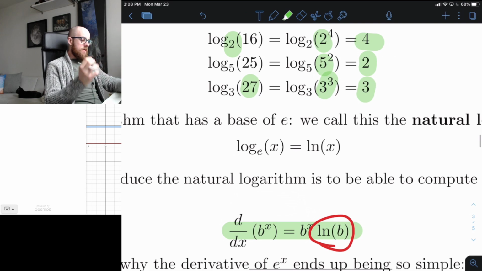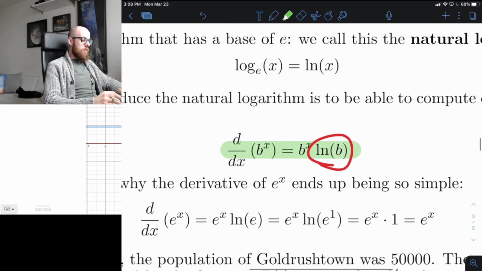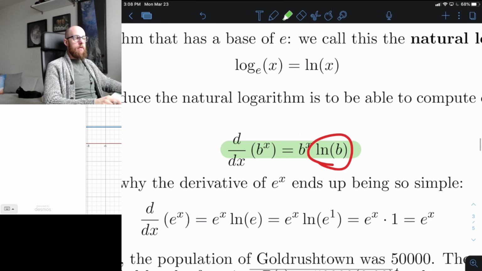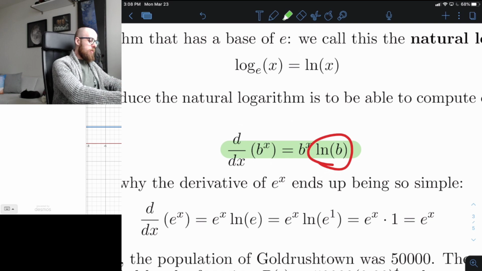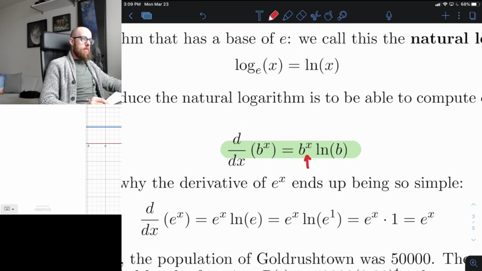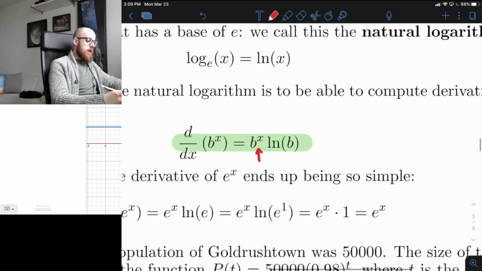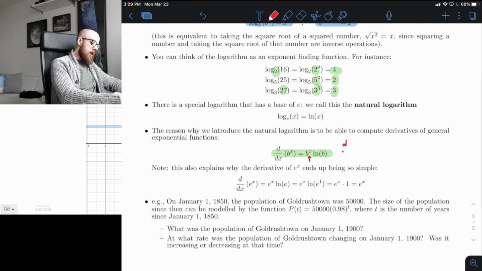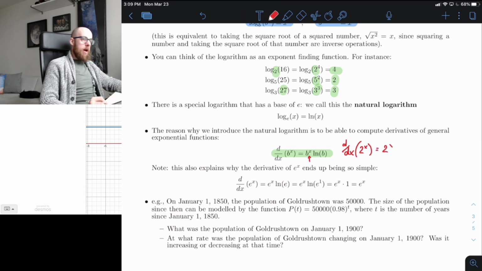All of this was done in service of introducing the formula for the derivative of a general exponential function. Any exponential function that doesn't have a base of e, we have to apply this formula to. The way this formula works is we keep the exponent part the same. If we're taking the derivative of 2 to the power of x, the first part stays the same, I get 2 to the power of x there.